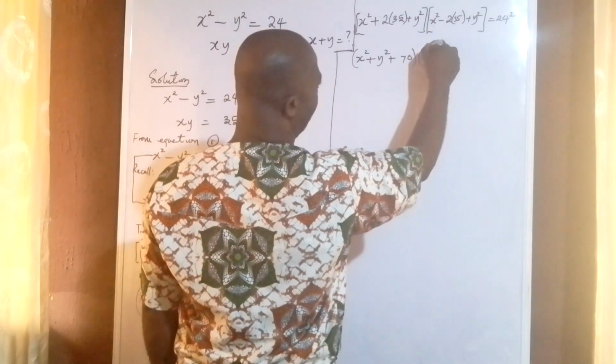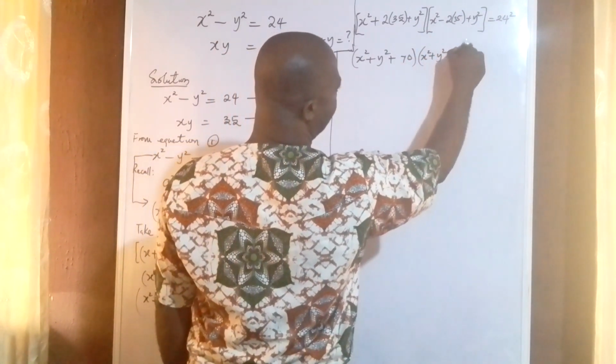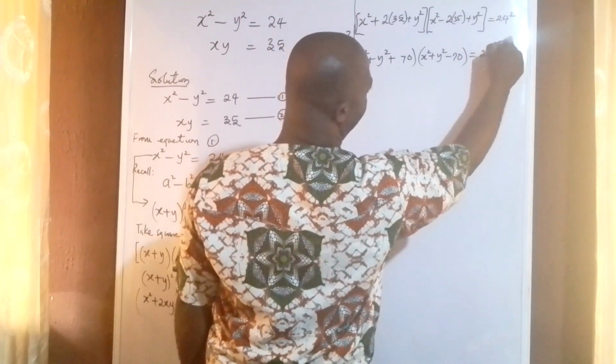Then I have x squared plus y squared minus 70 equal to 24 squared.